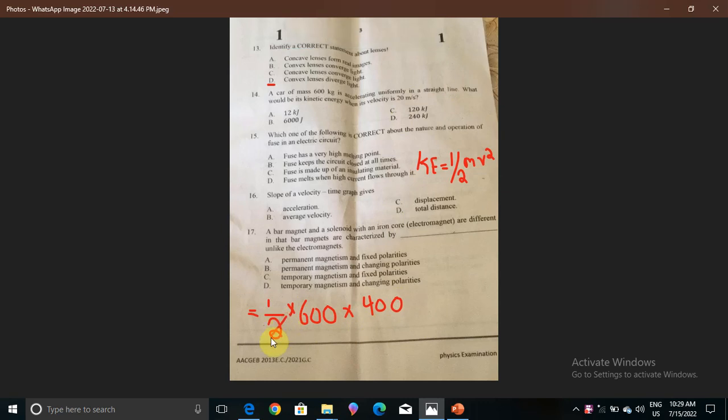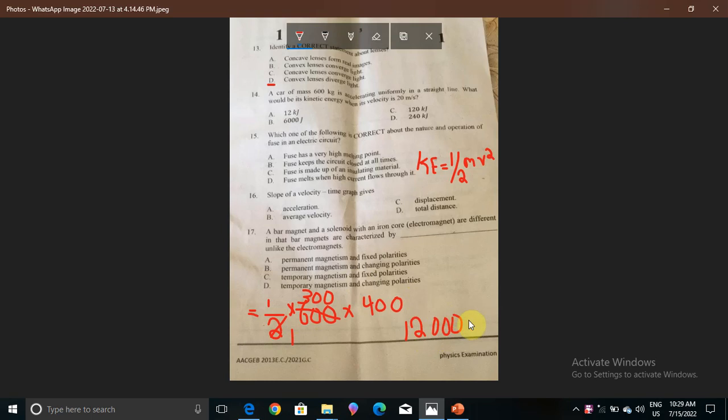Then cut 2 by 600, here by 1, and here by 300. Right? Then what we will get is 12,000.